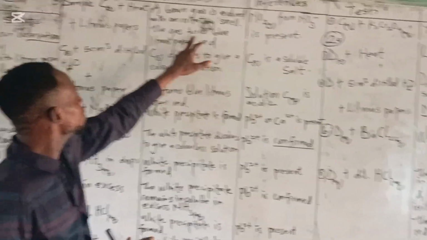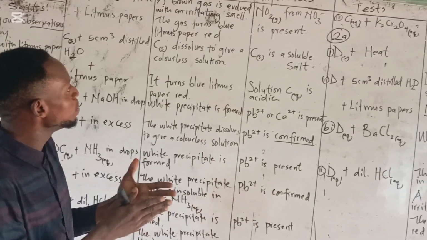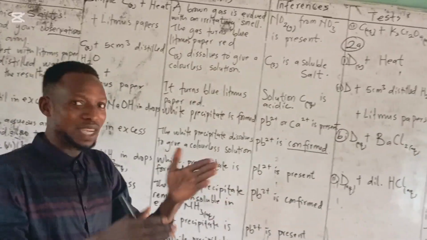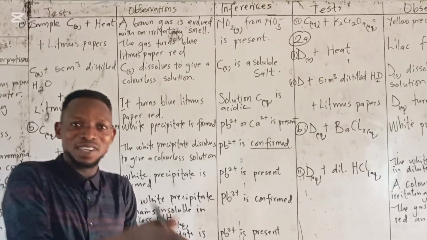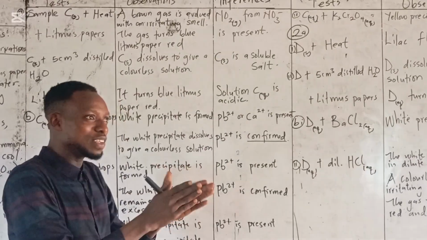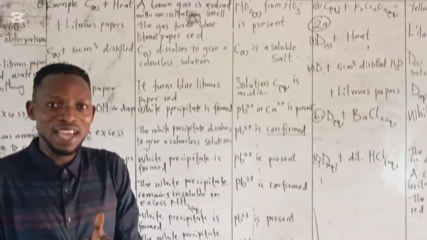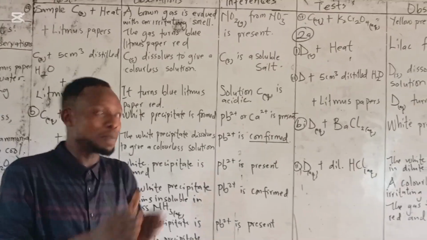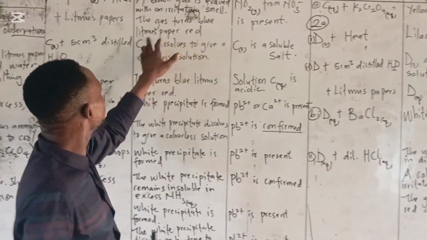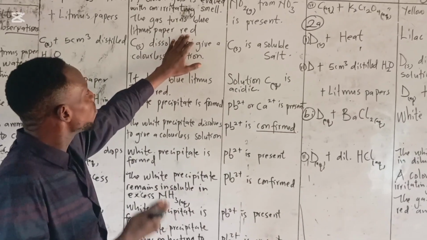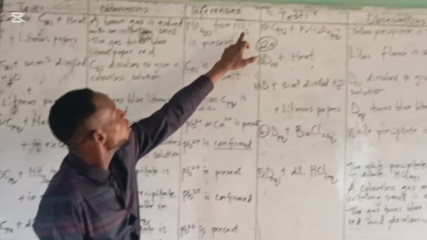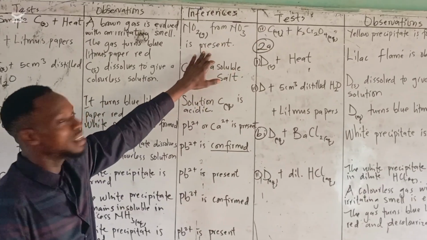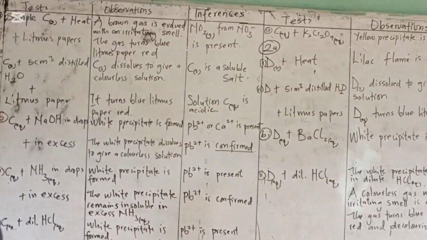We know that acid turns blue litmus paper red, while base turns red litmus paper blue. So what kind of gas are we talking about here? We have NO2 gas, from NO3 minus present in our sample C.